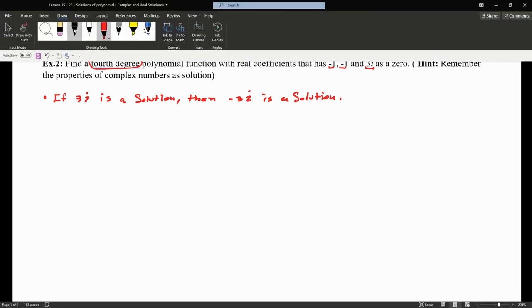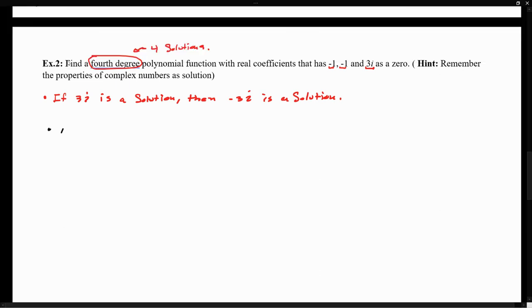So now I have 4 solutions in total. I have x equals -1, x equals -1, x equals 3i, and x equals -3i.